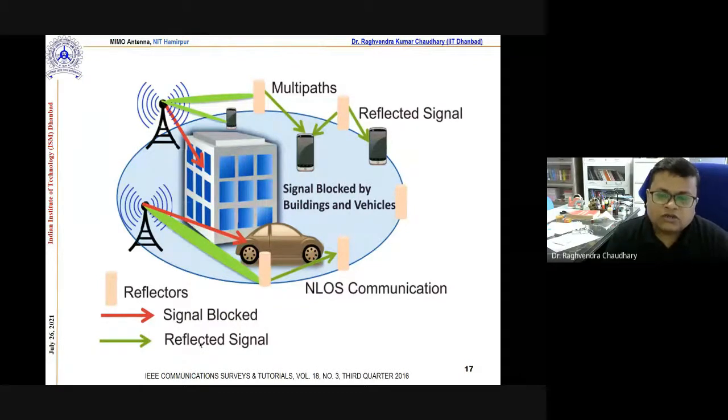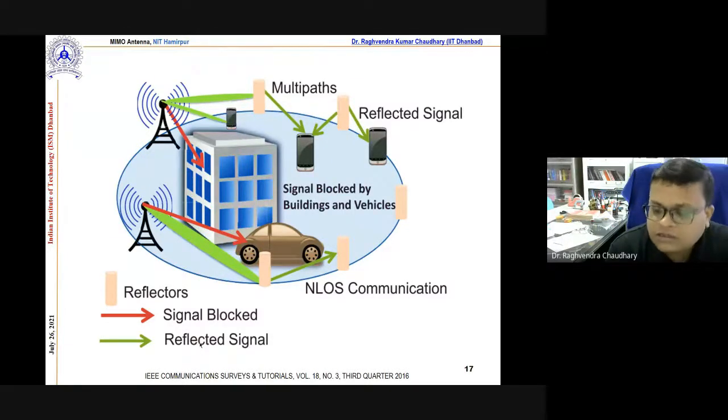In the present scenario, communication devices are nowadays built for non-line of sight communications.